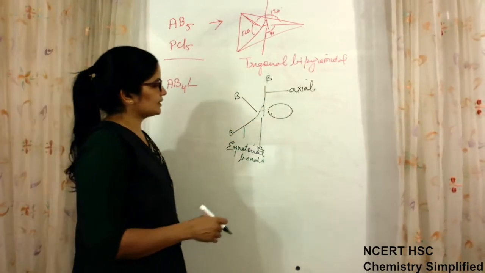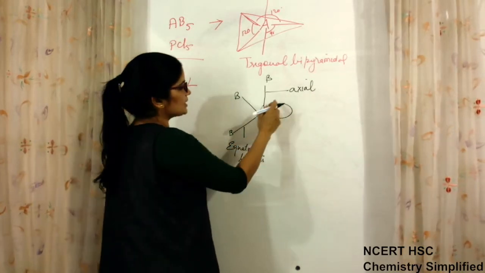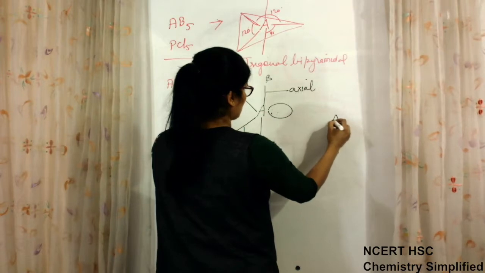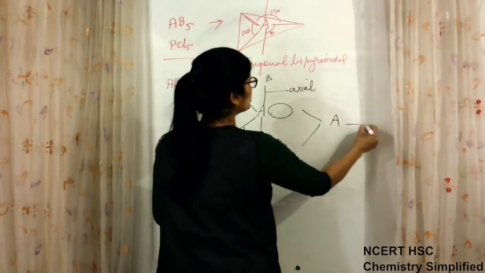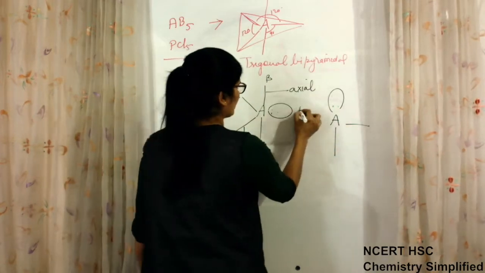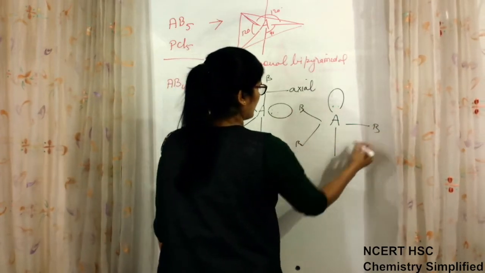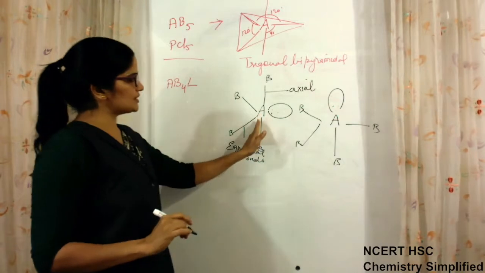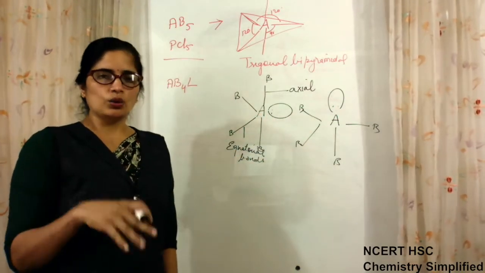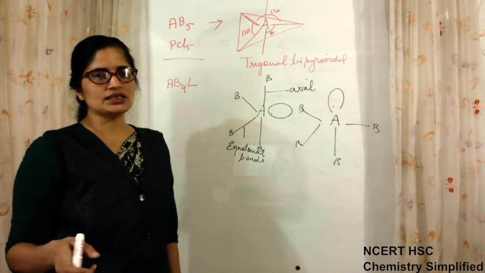Why? The reason is that in case of axial position, if this lone pair which I have made here, let me make it here, a lone pair is present, and these are bond pairs B, B, B and B. Instead of this structure, if I make this structure, then what will happen? We know that lone pair, bond pair repulsion is more.